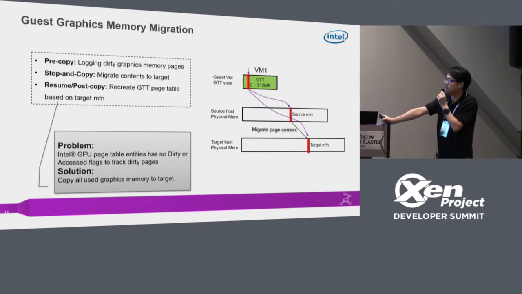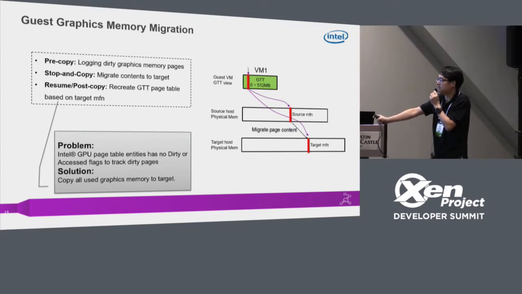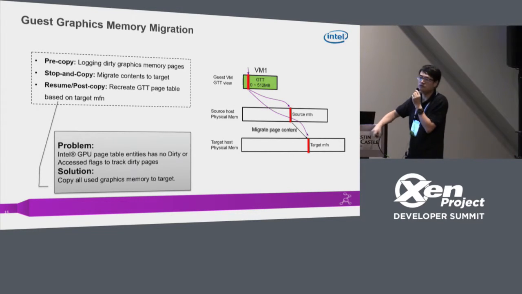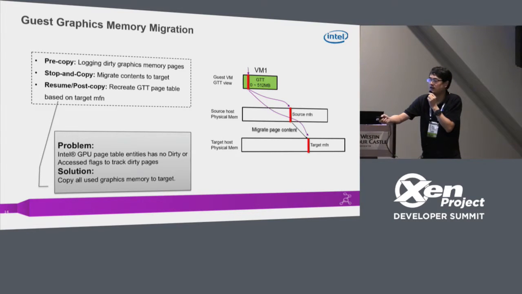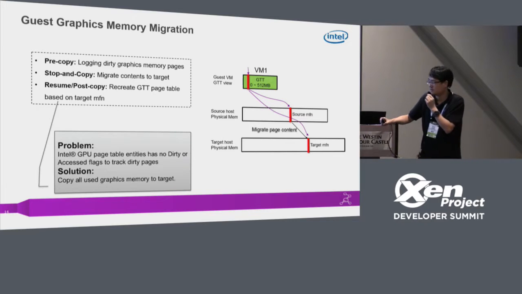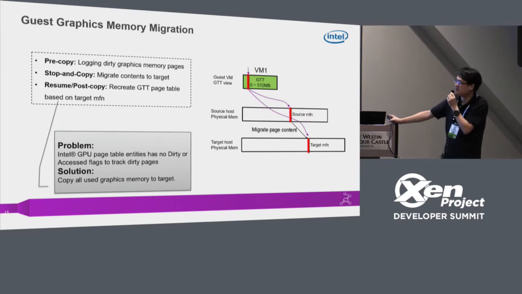In the stop-and-copy stage, we migrate the remaining dirty pages, and then resume in the target site. Here comes the problem: the Intel GPU page table does not implement a dirty flag or accessed flag. This is our big problem: you can only know which pages will potentially be referenced by our GPU hardware, but you don't know when and how they were accessed.